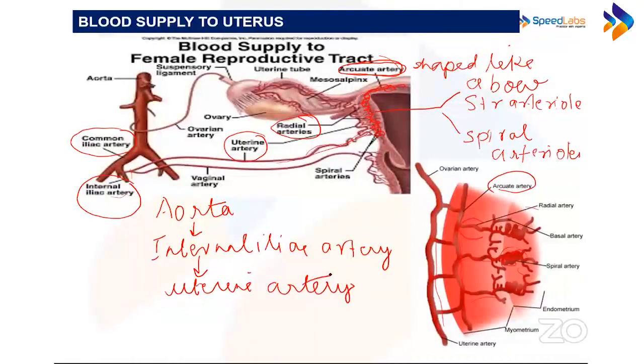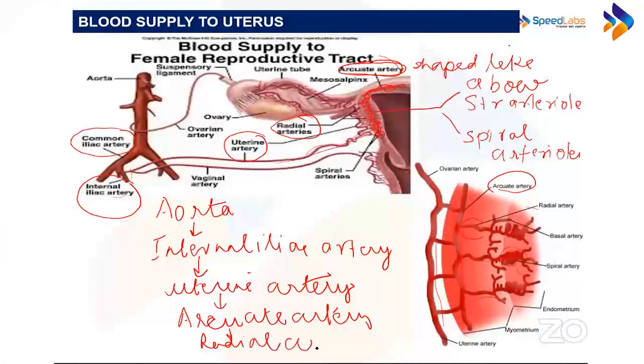The uterine artery further branches to form the arcuate artery, the bow-shaped artery. Further it forms the radial artery, and just before it enters the endometrium, it forms the spiral artery.